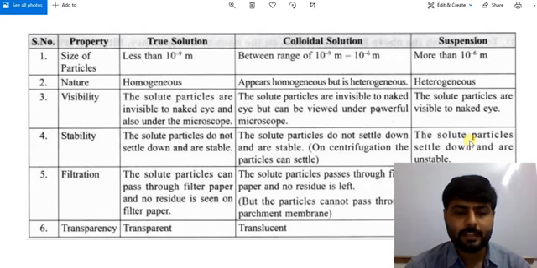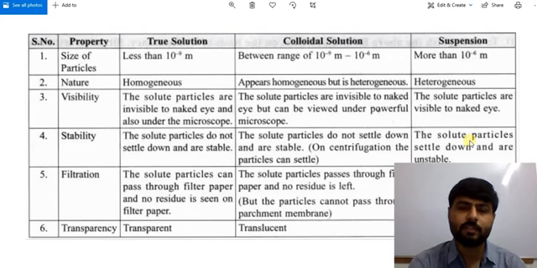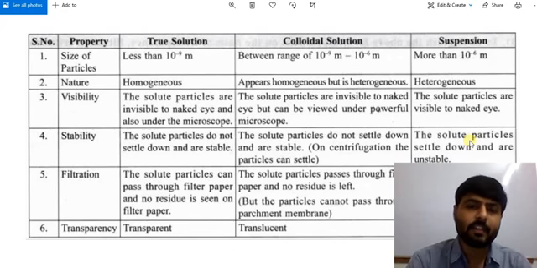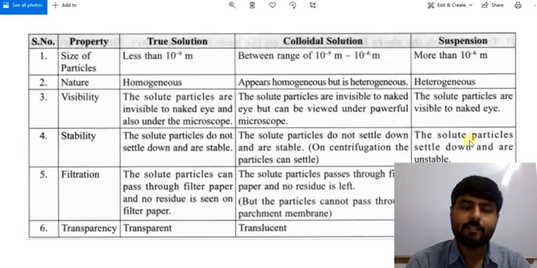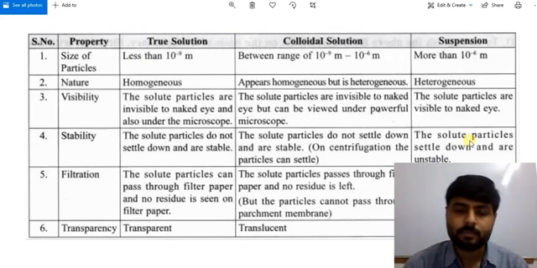The solute particles can pass through filter paper and no residue is seen on the filter paper. All the particles, solute and solvent, pass through the filter paper, hence solution cannot be separated by the filtration process.